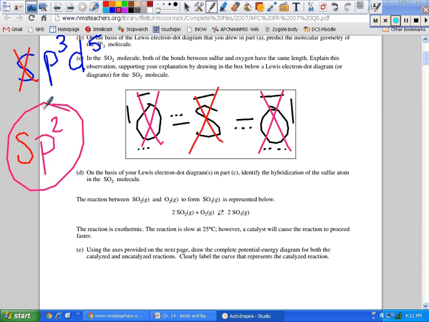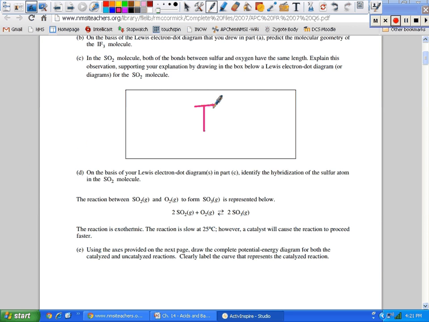Exactly. If I had another element, would you go to the next one? Yeah. Let me show you what we did earlier. It would be this. I is the center, right?